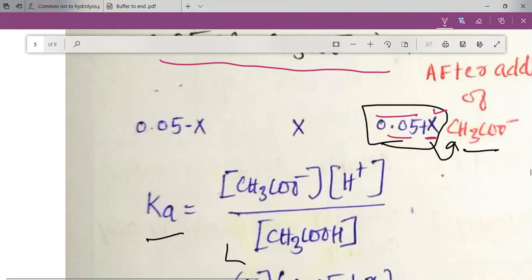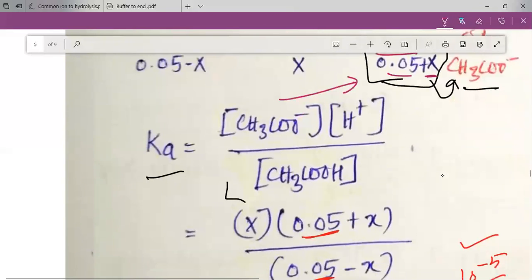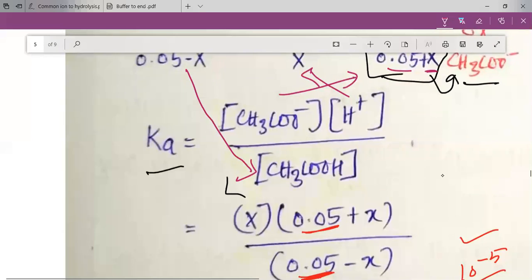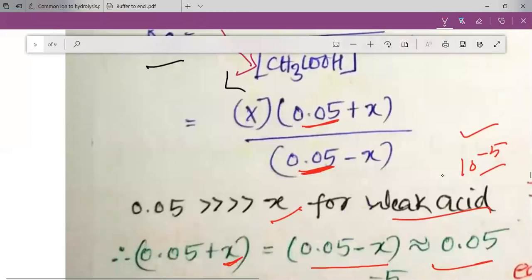So now we can put the concentration for CH3COO minus as 0.05 plus X, for CH3COOH as 0.05 minus X, and for H plus we can put X. So we have these values: 0.05 plus X multiplied by X divided by 0.05 minus X.